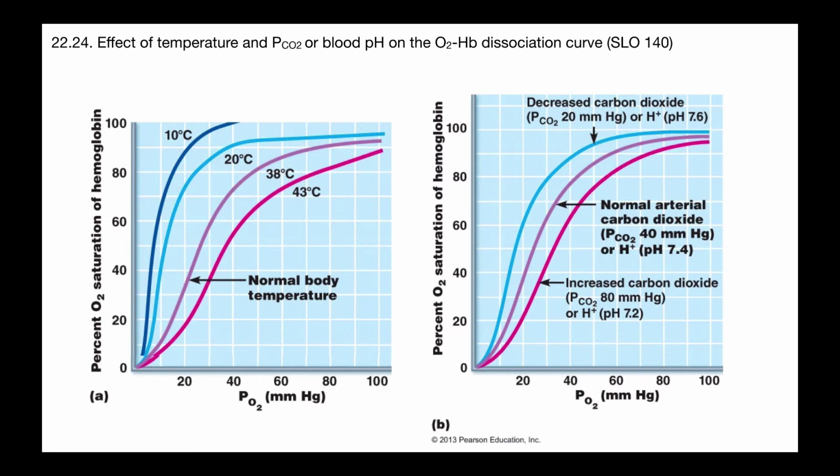One of the reasons why that happens is because there's this shift leftward in that sigmoidal curve. So again, at 40 millimeters of mercury, if your body temperature is only at 20 degrees C because you're really, really cold, notice there your hemoglobin's still like 90% saturated.